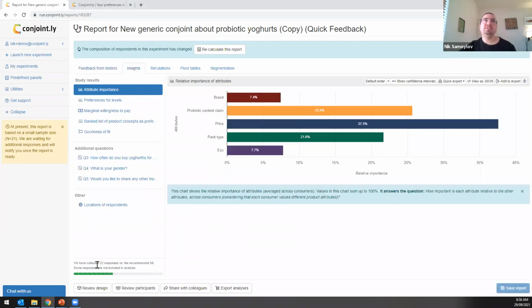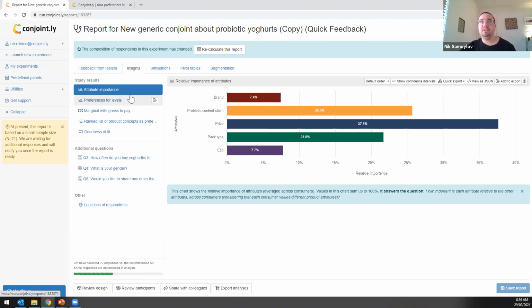They're based on 21 responses, which is not a huge number, so not a lot of what we'll see here will be very robust. For this one it says 150 as a minimum, because we're doing quick feedback. So we shouldn't really rely on these results.